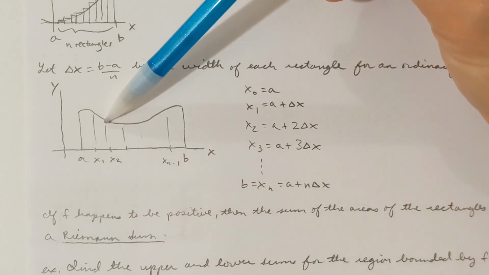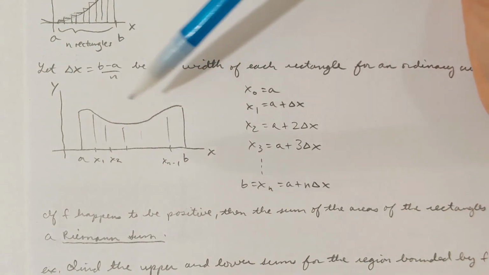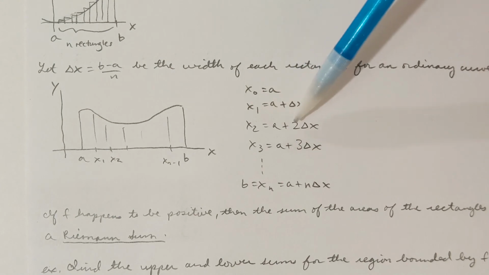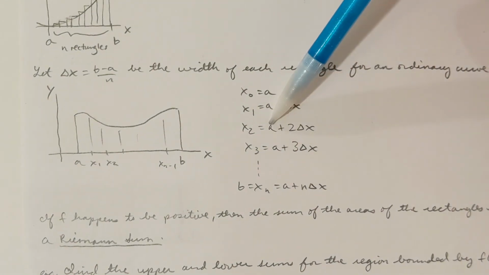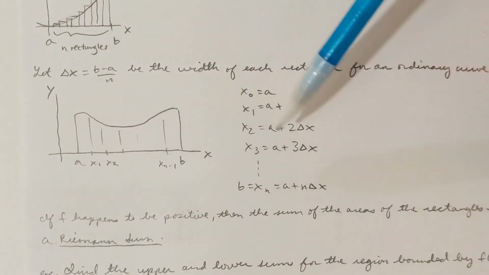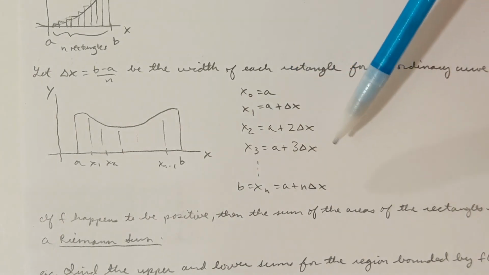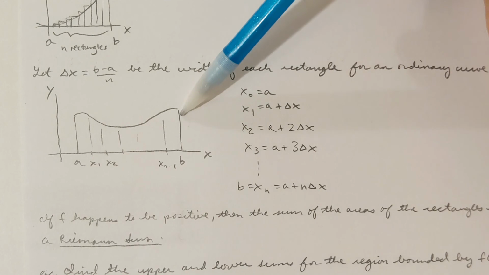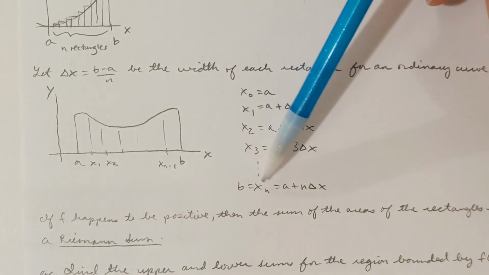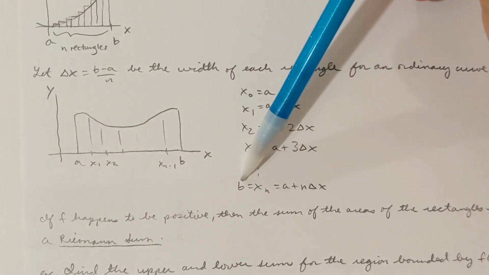X sub 2 would be where the next right endpoint would occur, and that would be at 2 increments of the width away from your start point. X sub 3, the next right endpoint, would be at 3 increments of the width away from your start point, etc. B is where you're ending, and x sub n, we'll let that be equal to b.